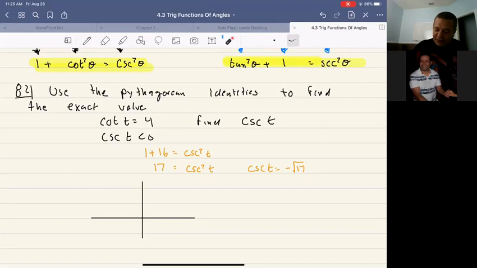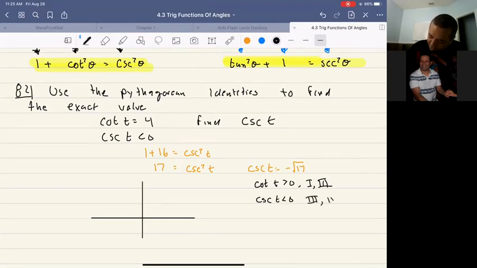So this information together gives you 3rd quadrant. Okay, let me write that down. The cotangent of t being positive means that you're in the 1st or 3rd quadrants. Cosecant of t being negative means you're in the 3rd or 4th quadrant. So that means you're going to have the 3rd quadrant as your quadrant.